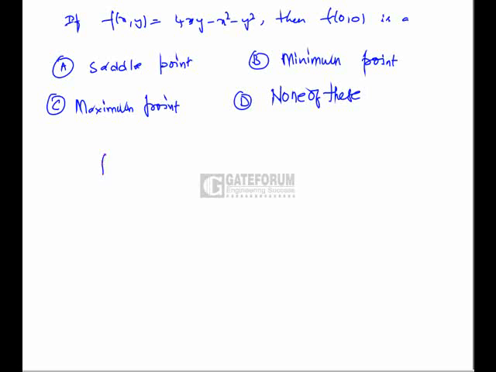In this problem, a function f of x comma y is given as 4xy minus x square minus y square. Now we have to check whether it has maximum, minimum, or neither maximum nor minimum. In order to find that, first we need to find fxx, fyy and fxy.